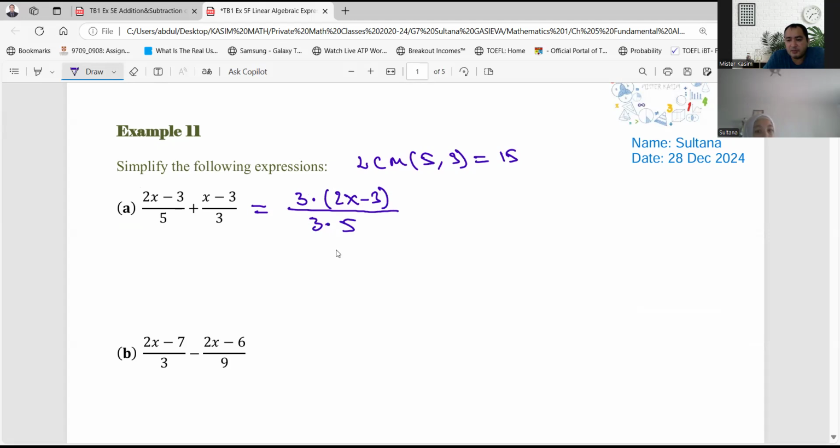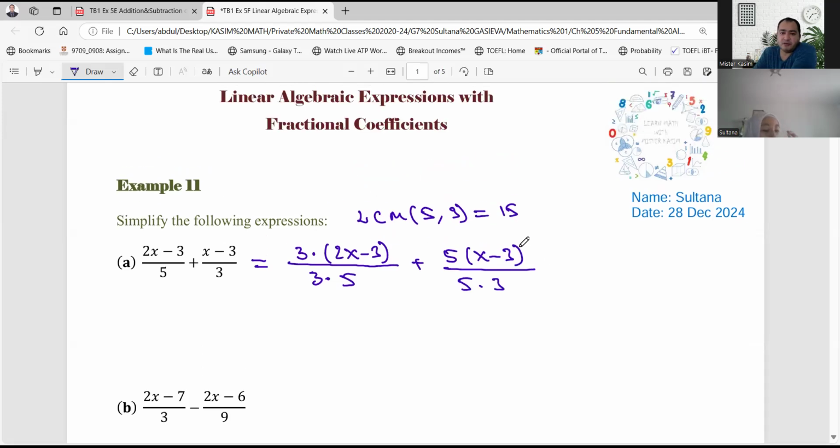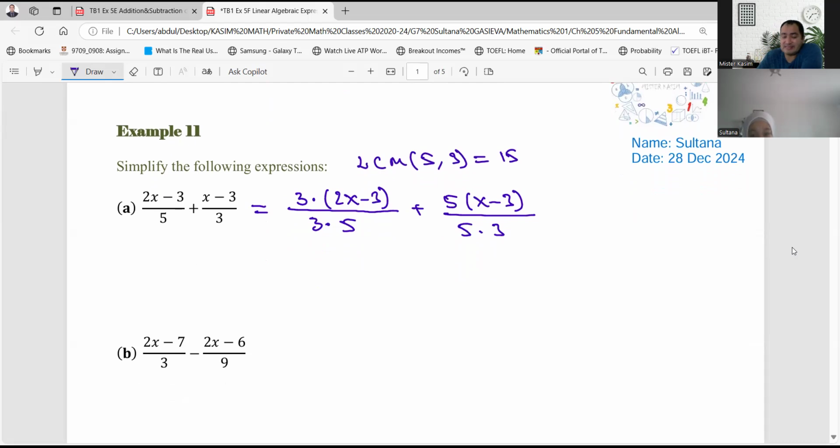The second one, I multiply by 5: 5 times (x minus 3) over 5 times 3. Because if you multiply the numerator and denominator of a fraction by the same number, its value does not change. And now denominators are the same, right? 3 times 5, 5 times 3 is 15. So draw a single fraction line and write here a common denominator.